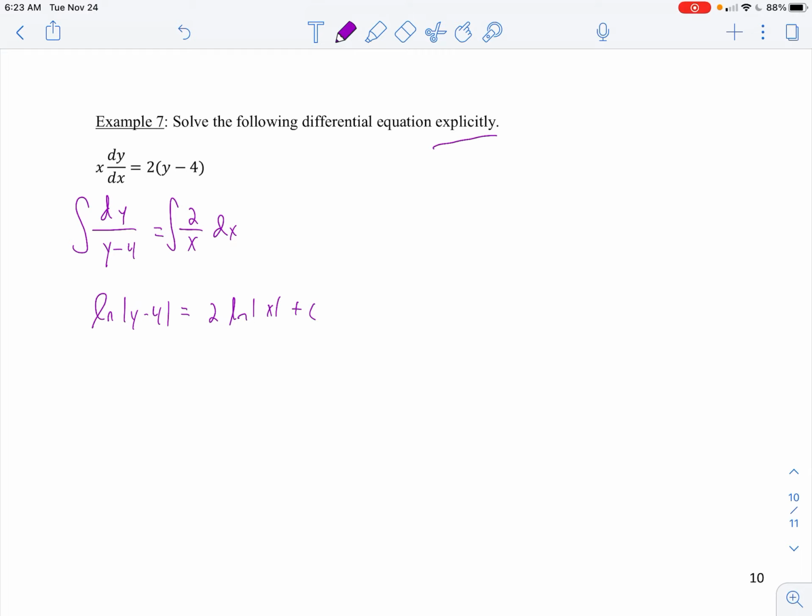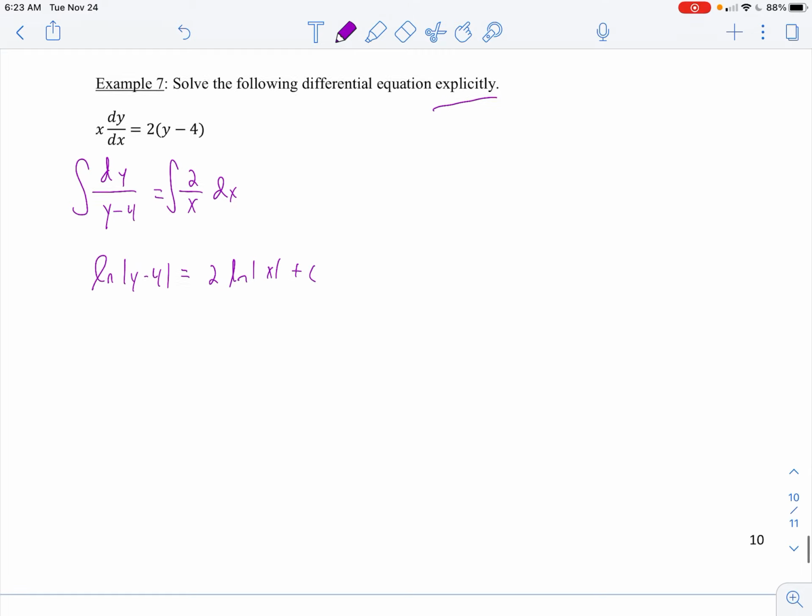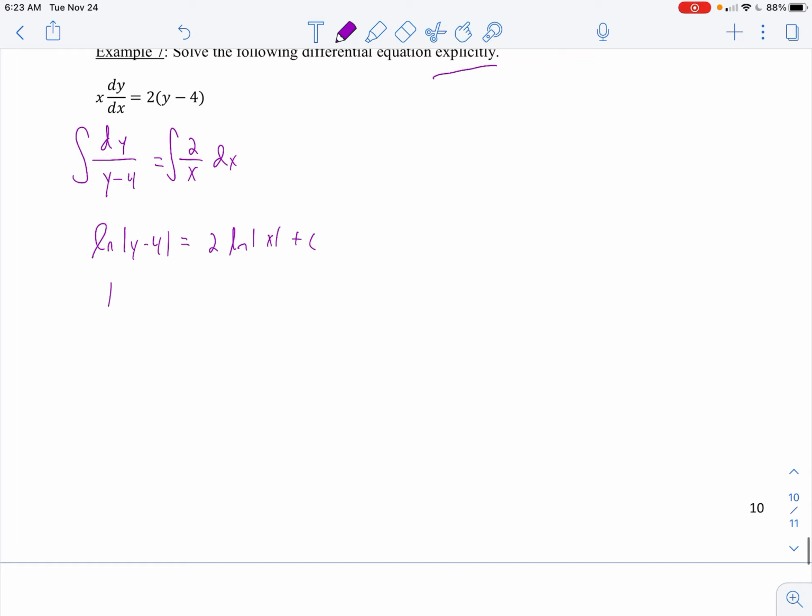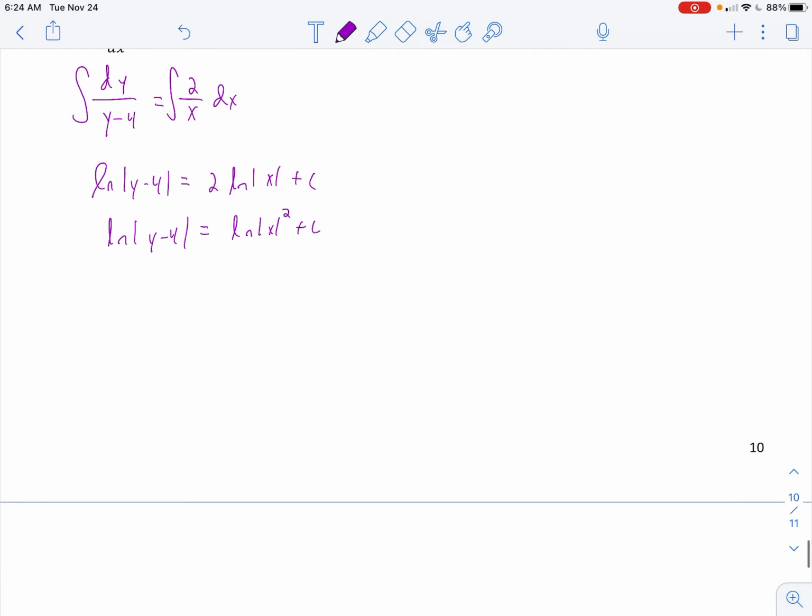Now, since we're trying to solve this explicitly, we've got to solve this for y. So I'm going to rewrite my natural log on the right-hand side to get rid of that 2 that's in front. Again, properties of logarithms say that I can put any coefficient of a natural log as the power of whatever is inside that log, plus c.